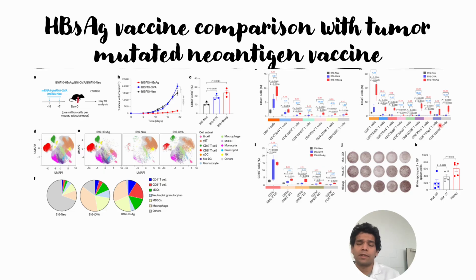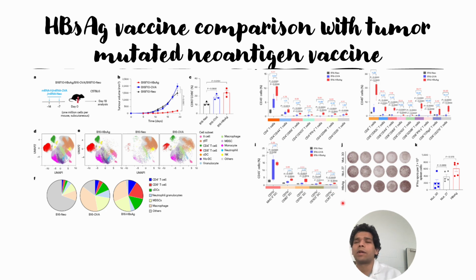That is, activated cells seem to be high in the case of HBsAg treated vaccines. Then they checked the CCR7 dendritic cells, which are the circulating mature dendritic cells with a high capacity to prime the T cells, and these are also found to be high in the case of HBsAg treated vaccines. That can be seen in panel I.